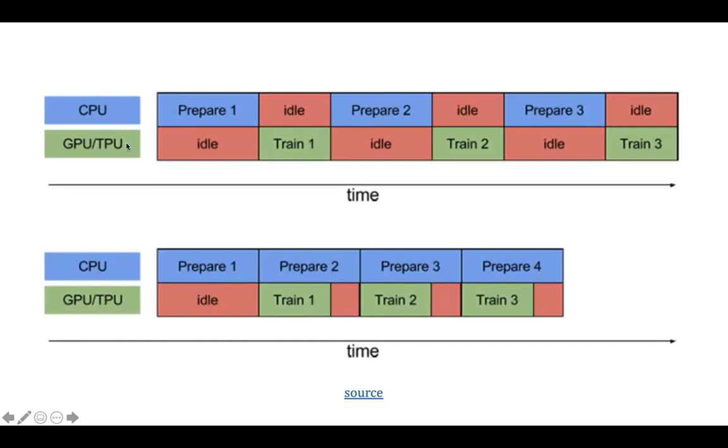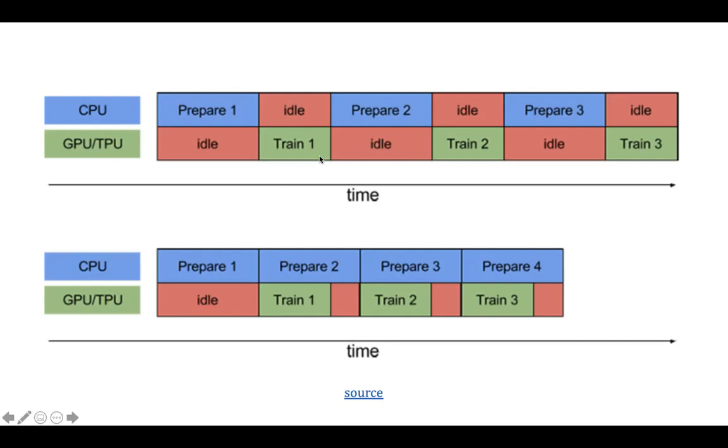Here you can see that it says on GPU, TPU, but it can also be that we train on the CPU. And then while we're training the model, nothing is happening with the data, it just waits. And then for the next batch, we have to prepare data again, and the model is not doing anything, it's just waiting.